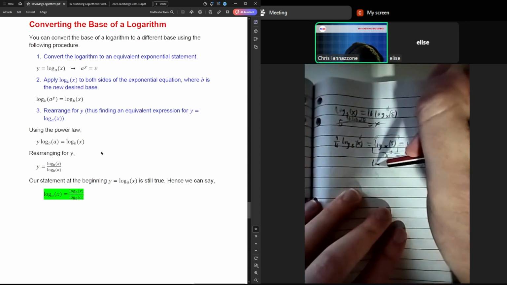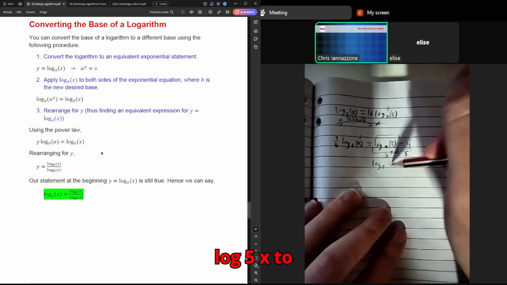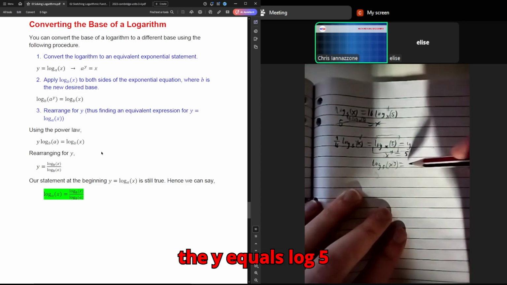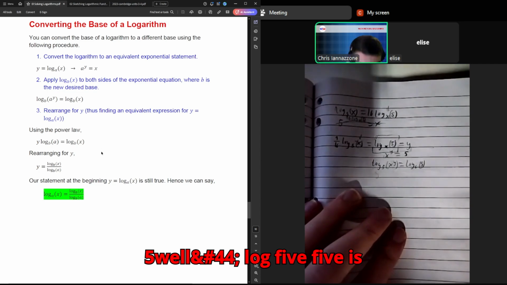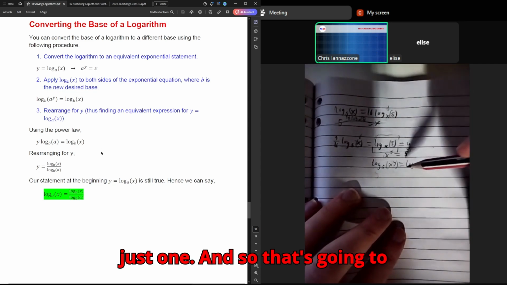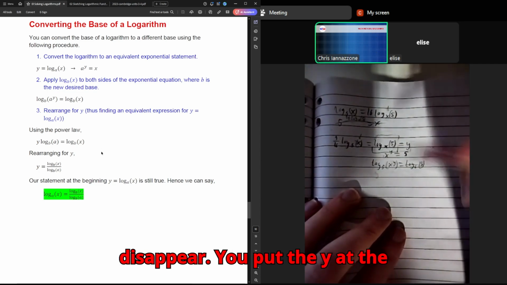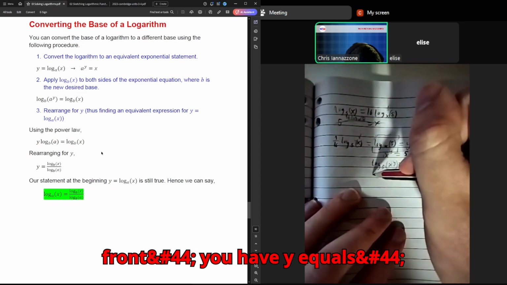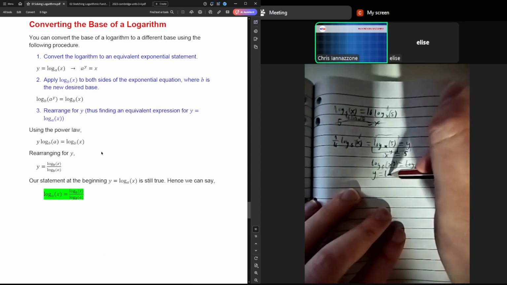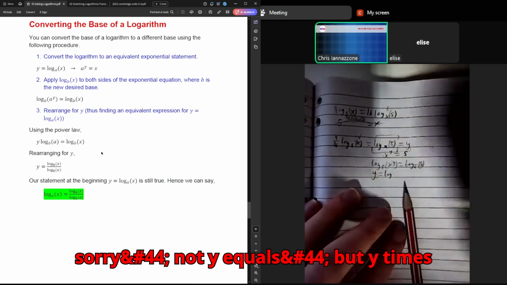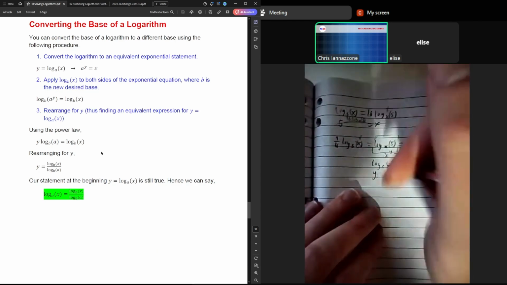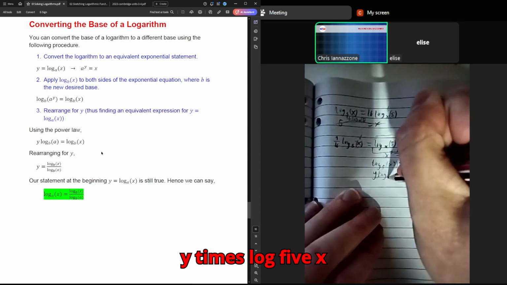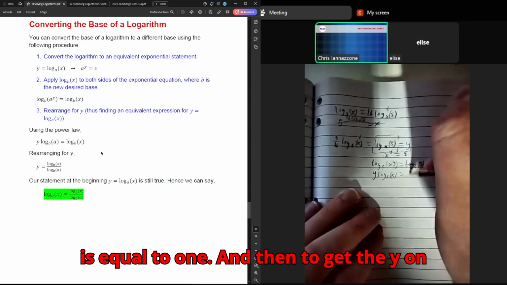So if you have log 5 of x to the y equals log 5 of 5, well, log 5 of 5 is just 1. And so that's going to disappear. You put the y at the front, you have y times log 5 of x is equal to 1.